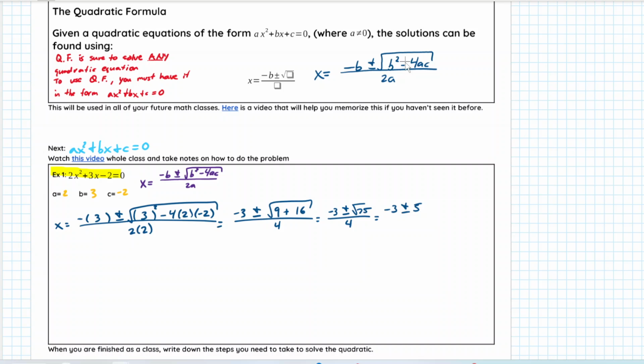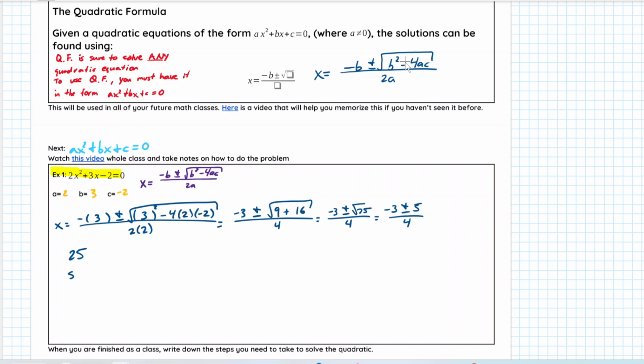Okay, so some of you might be wondering, plus or minus, what do we do? Well, the thing is we do both. The reason we have plus or minus there is because we're taking the square root of something. Let's use 25 and we can show you. What times what is 25, since that's what the square root is asking?